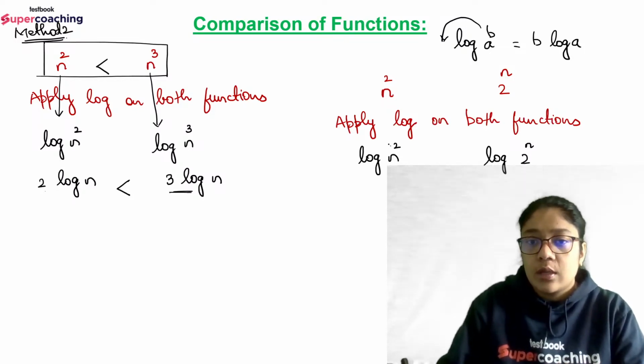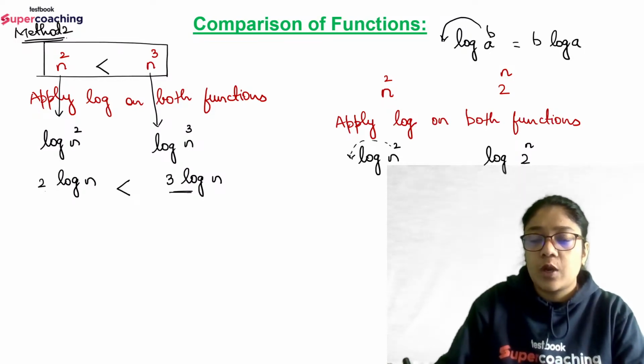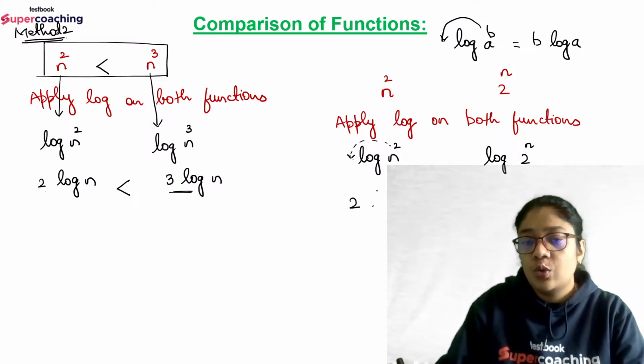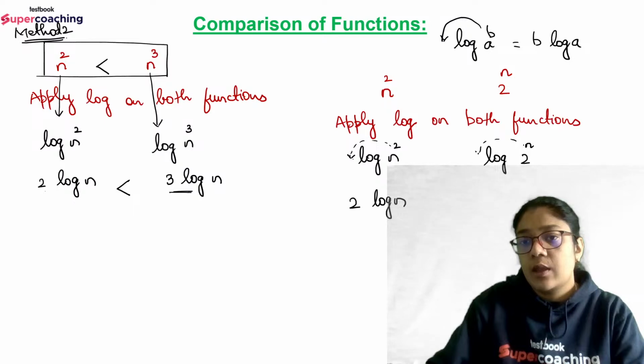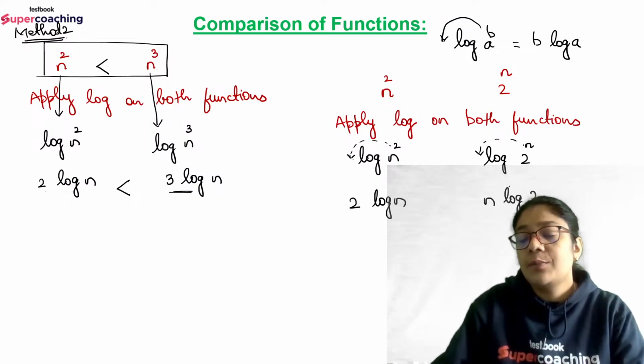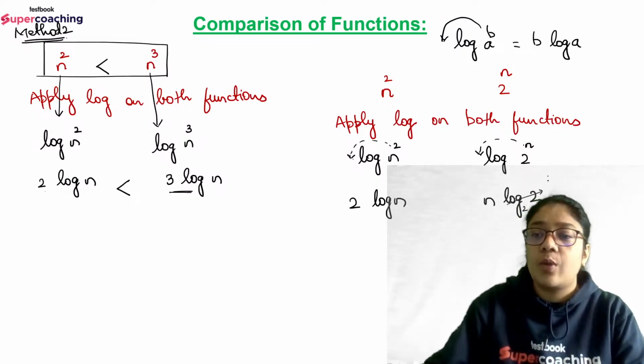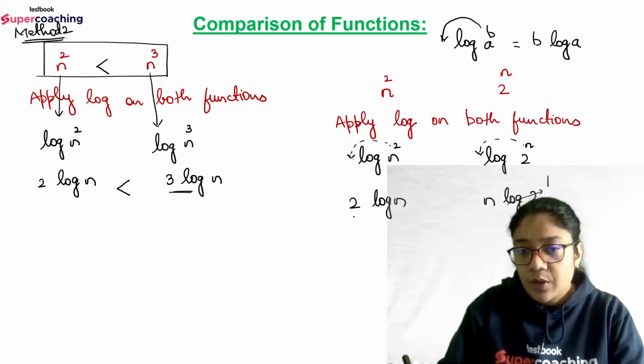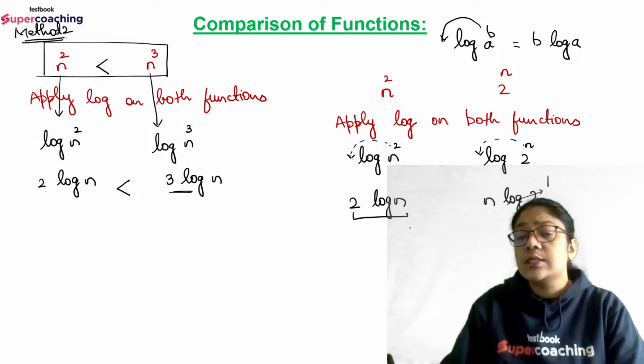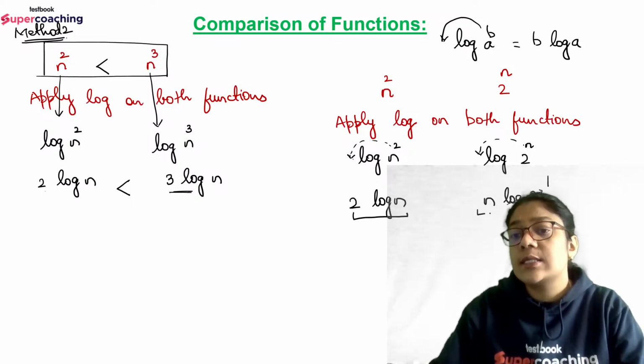Now this term will come in the front. So here we'll be getting 2 log n and this is n log 2. If we consider the log base as 2, then this term comes out to be 1. So if you compare what sort of function this is, this is a logarithmic function and this is a linear function.